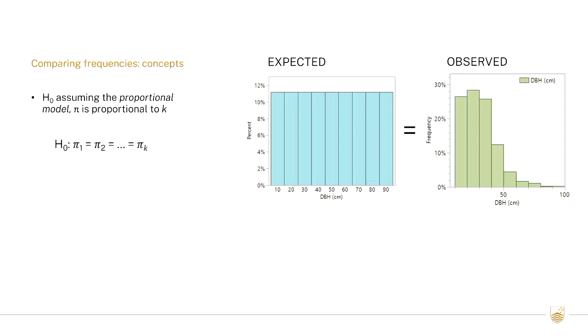That assumes there is an equal chance of a tree falling into any of these categories, that there's no effect, no process that affects diameter. Or in a survey, there is no reason to assume that people have a preference or an opinion on something one way or another. So our H naught is that these two are equal.